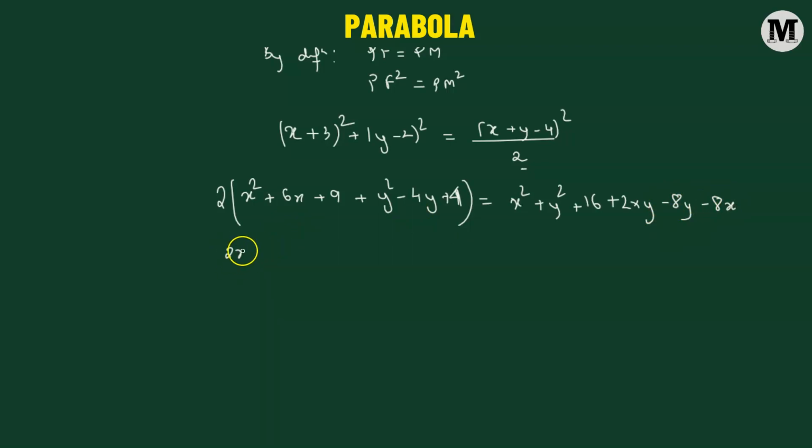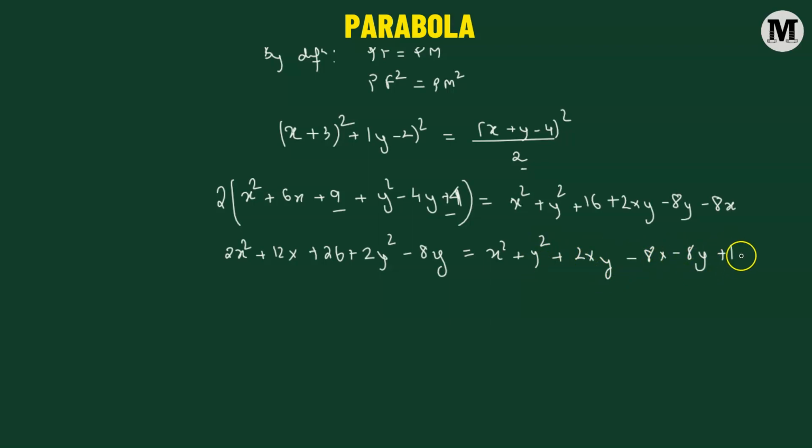So here we have on the left hand side 2x squared plus 12x. So 9 plus 4, that's 13, 13 times 2 will be 26, plus 2y squared minus 8y. That will be equal to x squared plus y squared plus 2xy minus 8x minus 8y plus 16.